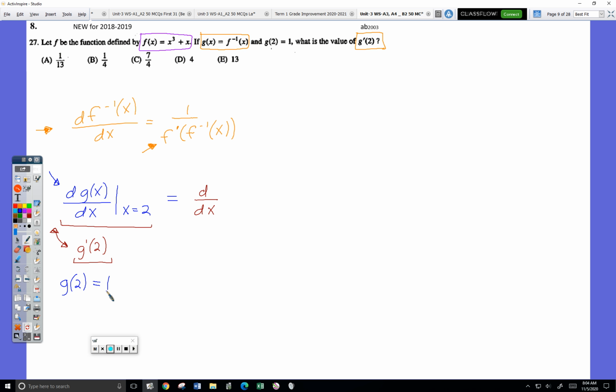True, but this doesn't mean plug a 2 in for g and then take the derivative. This means take the formula for g, find the derivative, then plug in 2. So I really can't use this yet. Other ideas, hands? Let's go, Autumn.